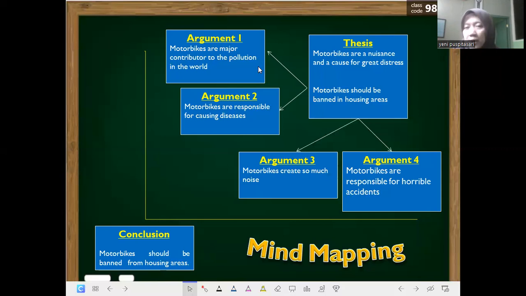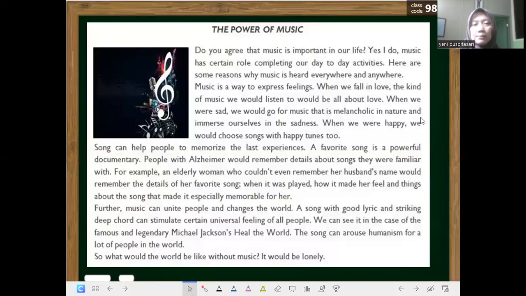And the last one, the fourth argument, that motorbikes are responsible for horrible accidents. After you make the thesis and arguments, you have to write the conclusion. And the conclusion for this thesis, that motorbikes should be banned from housing areas.